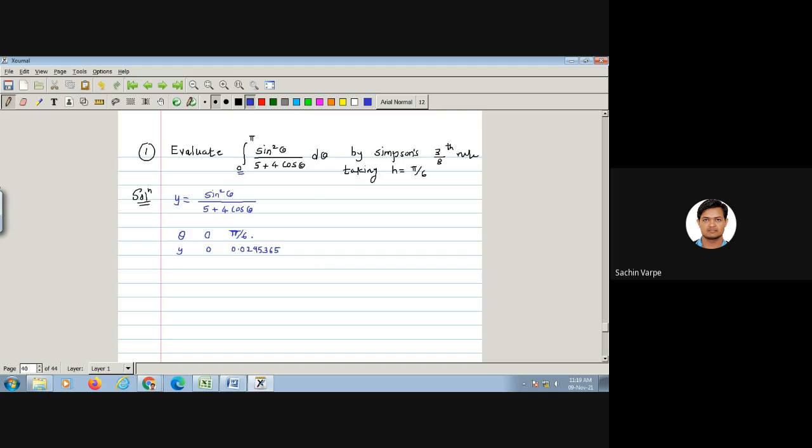The next theta value is pi by 6 plus pi by 6, 2 pi by 6. That is pi by 3 we can say. What is the corresponding y value? Calculate y for theta equal to pi by 3. Is it 0.1071?